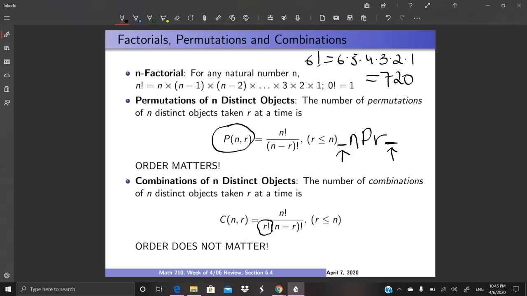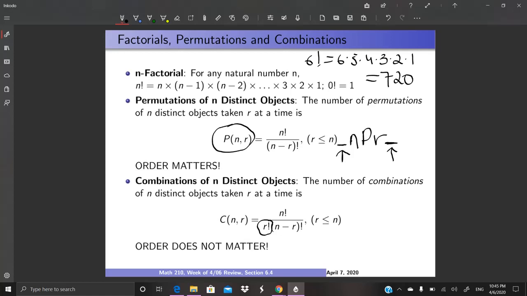So you always expect that P(n, r) is greater than or equal to C(n, r), because for C(n, r), you divide by that extra factor of r factorial, which makes the whole fraction smaller. So just keep that in mind. The order does not matter for combinations.